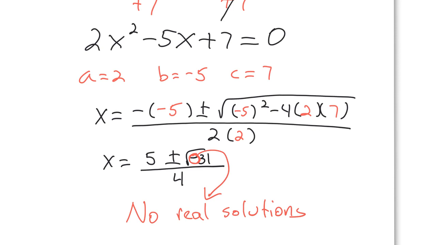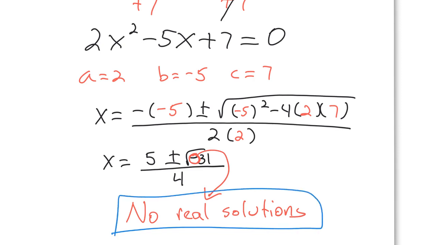But here, like I said, guys, we're just going to write down no real solutions because we have a negative inside of the radical. Doesn't matter what number you have. You can have a negative 1, negative 10, negative 1/2, negative 100. But since it's negative inside of the radical, we say there's no real solutions.